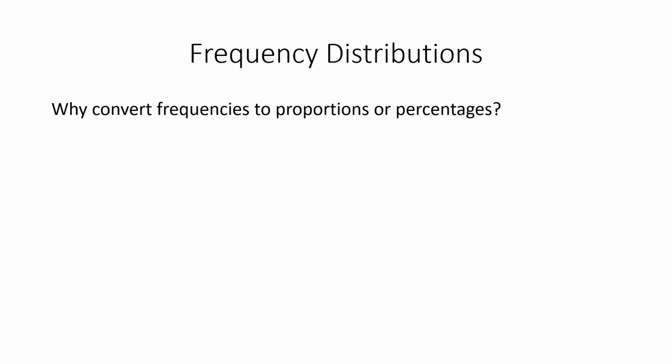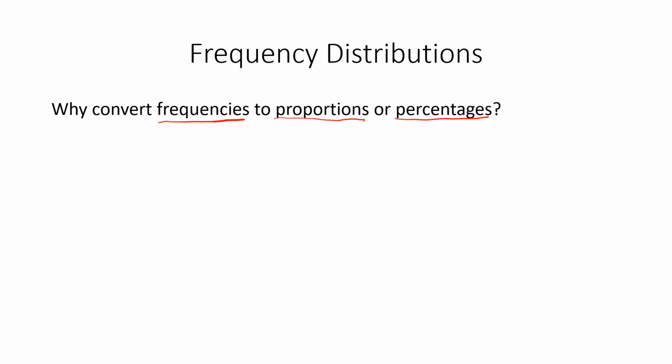This next one is an important slide. This is a very important slide because it is looking at what is going on. So why do we convert these absolute frequencies to these proportions or relative frequencies or percentages? Why do we convert an absolute frequency to a relative frequency?